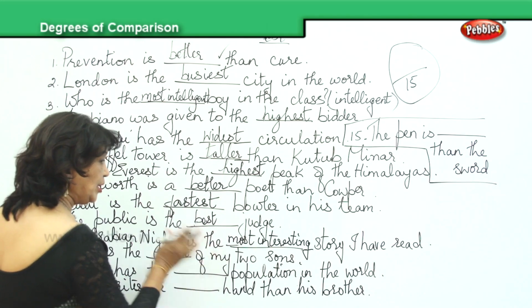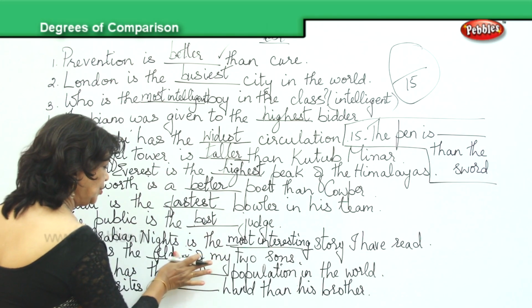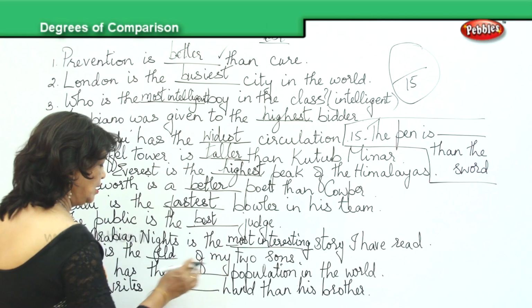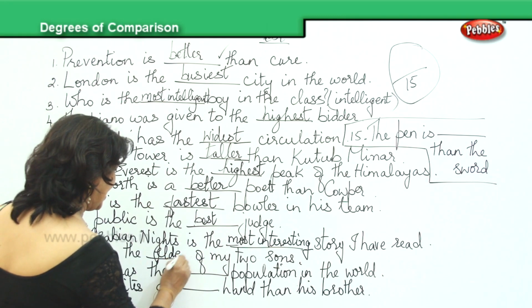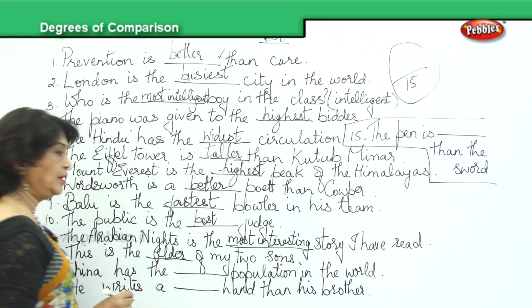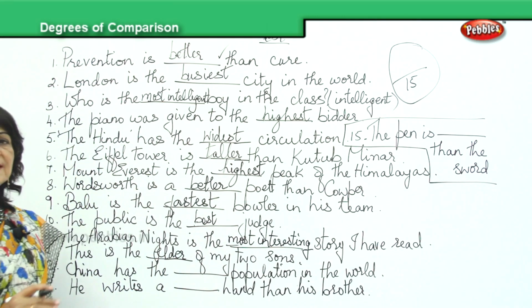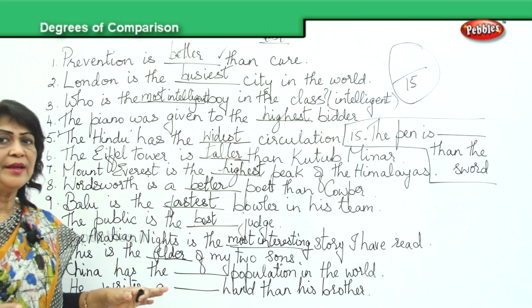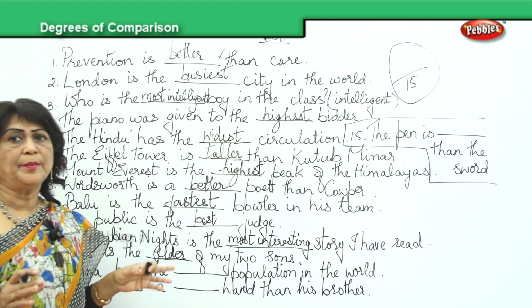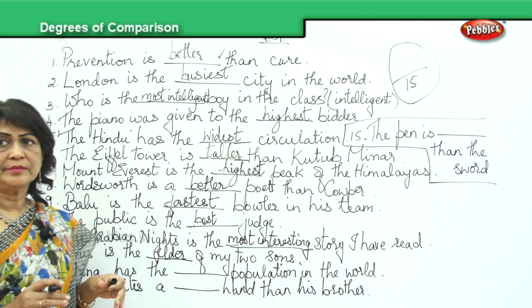So when you compare two, you should not use EST. Even if you have the here, he is the elder of my two sons, because only two are there. So you have to use the comparative degree.